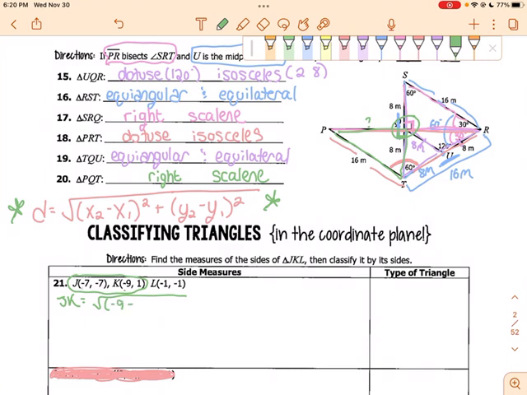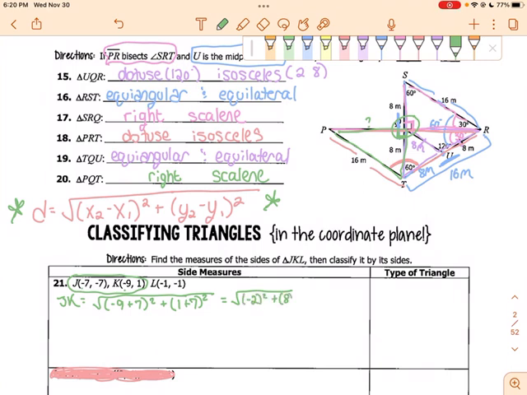So we're going to do square root of, remember we're subtracting the x's. That would be -9 minus -7 squared plus, and then subtract the y's, so that would be 1 minus negative 7 squared. I'll show you, actually don't have to go all the way on these. You'll see what I mean.